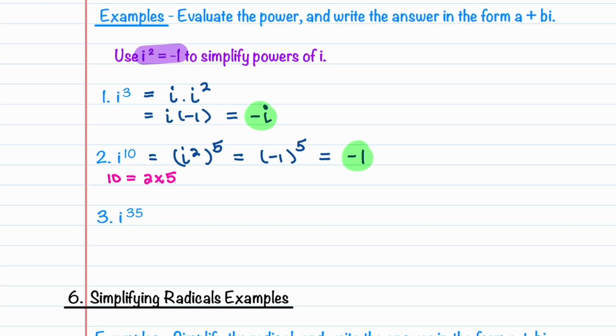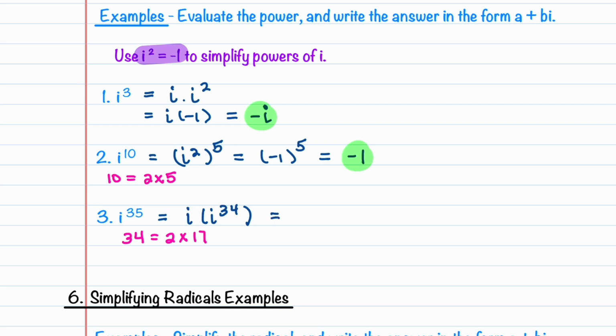Now let's look at our third example. We can't divide 35 by 2, so let's make it an even power and rewrite this as i times i to the 34. Then we can use that same technique that we did for number 2, and we can say that 34 is equal to 2 times 17.